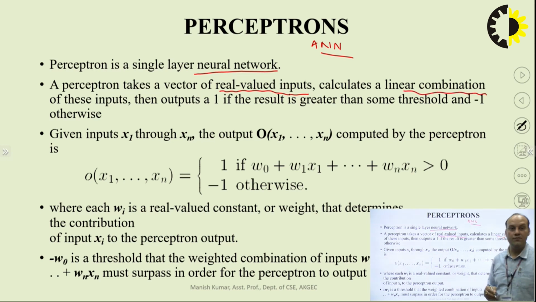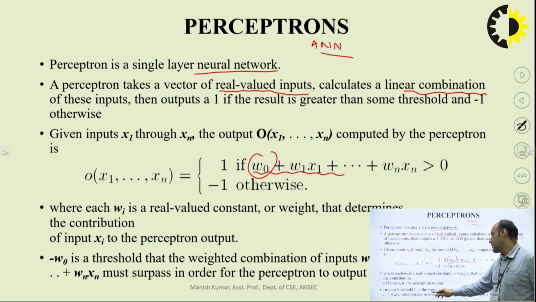This linear combination is done like this: W0 plus W1 x1 plus and so on, up to Wn xn. What is W? W is the weight, and x1, x2, these are the real valued inputs. Students, this W0 is some threshold that we will give, added to the weighted combination of the inputs W1 x1 through Wn xn.